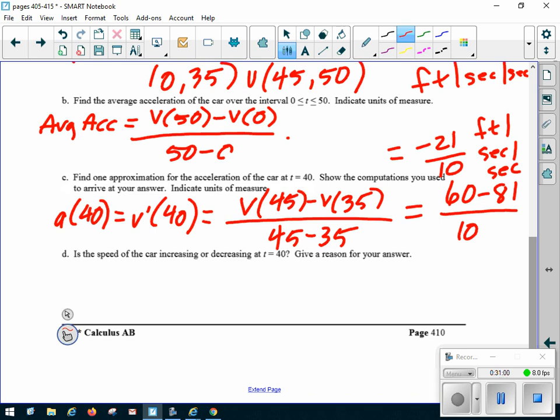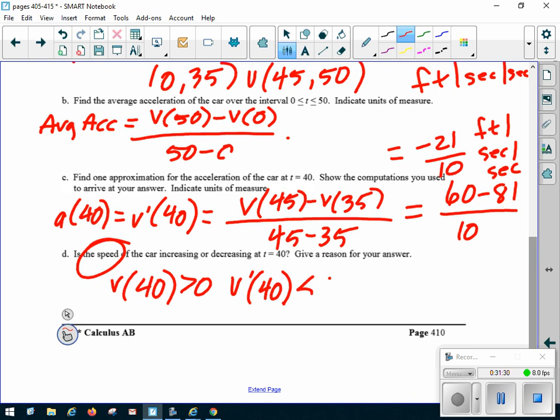Well, let's look at D. Is the speed of the car increasing or decreasing at t equal 40? What do you have to know to determine if speed is increasing or decreasing? The signs of the velocity and acceleration. V of 40 is positive. V prime of 40, or a of 40, is negative.